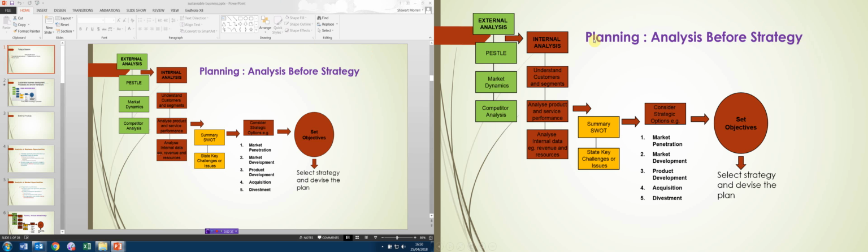Internal analysis is understanding your own customers and the segments that you've formed for them. You analyse your own performance in terms of the products you're offering or the service that you're providing, and you're analysing internal data. So you're looking at revenue, historic revenue, forecasted revenue, but you're also analysing the resources that you've got available to you.